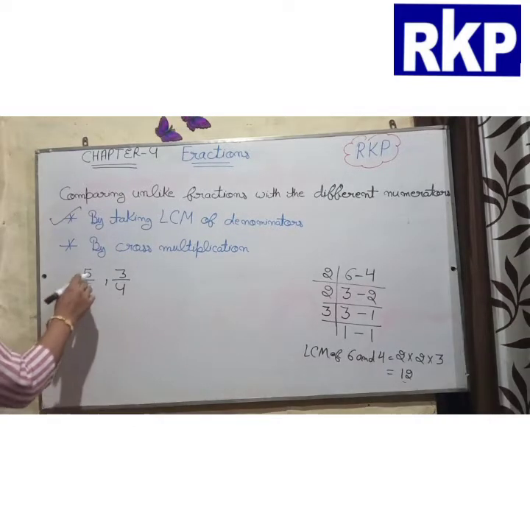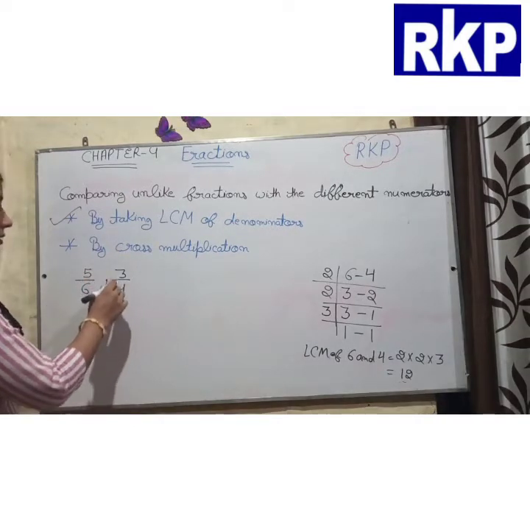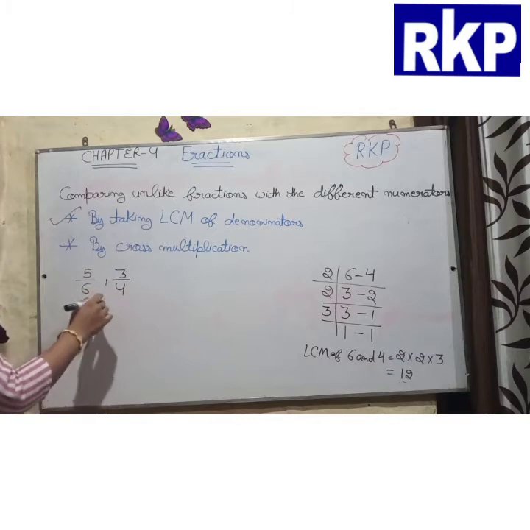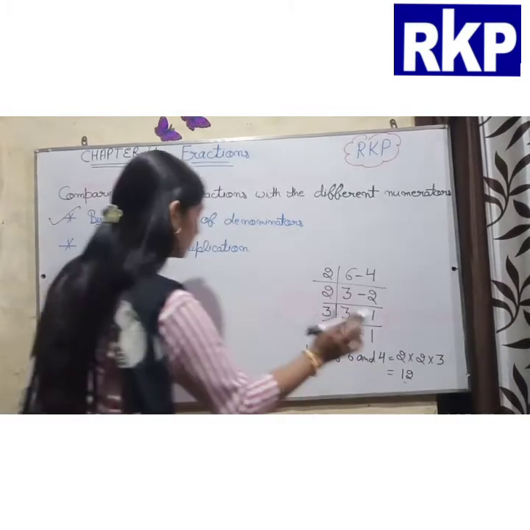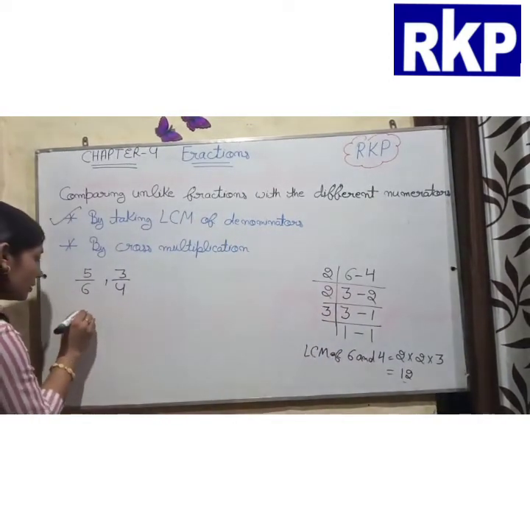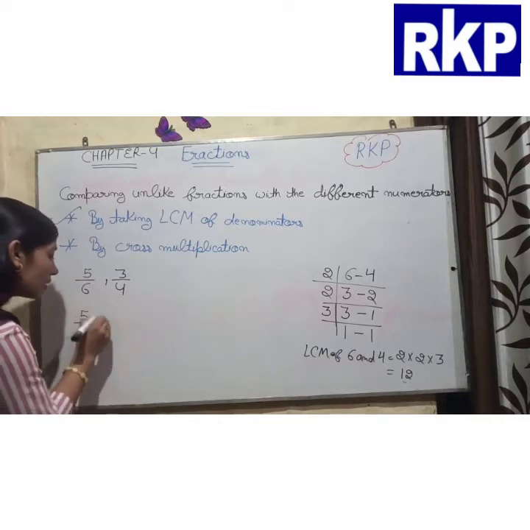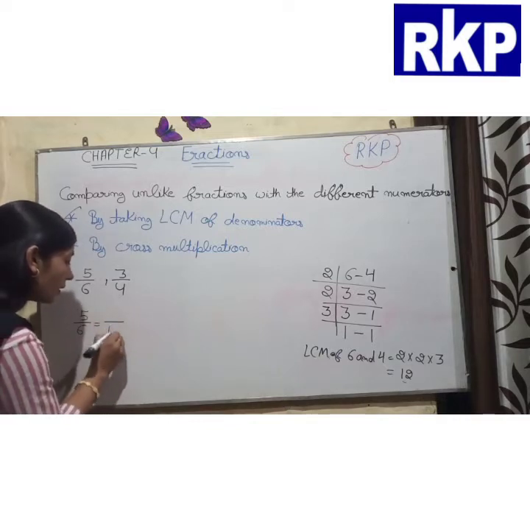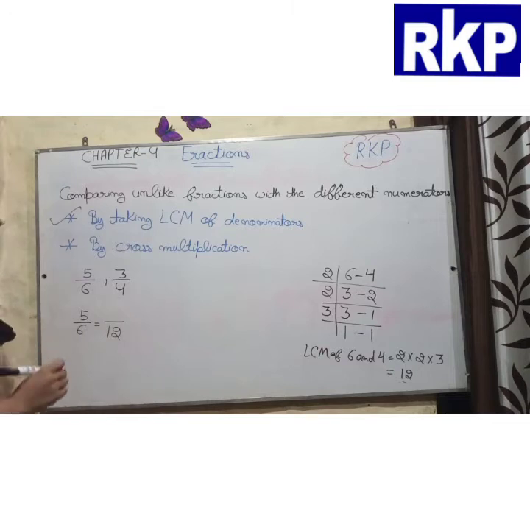Now I need to write equivalent fractions of these fractions with denominator 12. So right here, 5/6 is equal to something by 12. Now I am writing the equivalent fraction of 5/6, and we already discussed how we can get an equivalent fraction of any fraction.